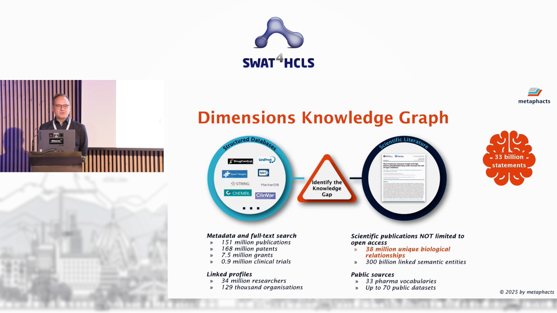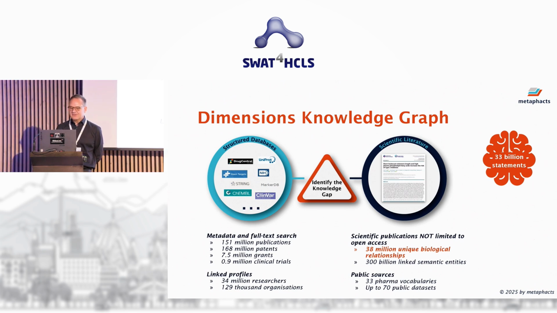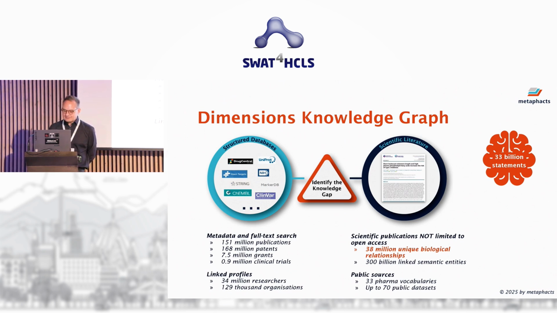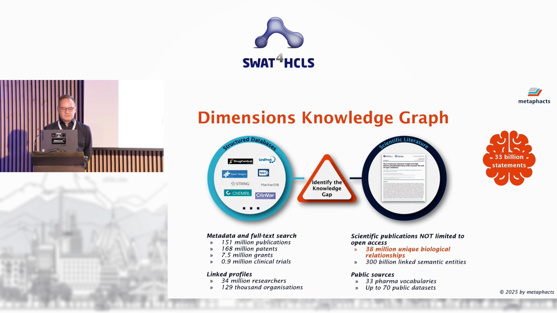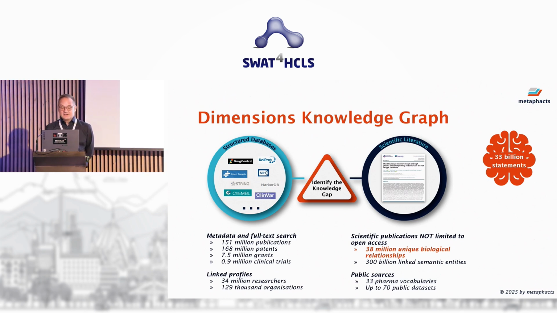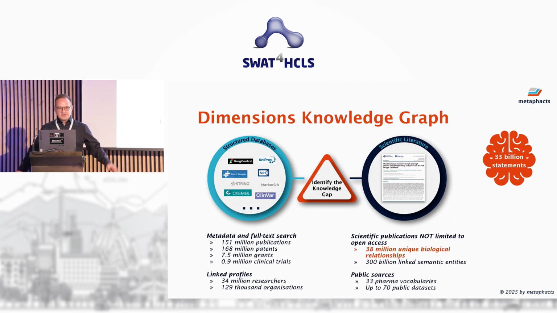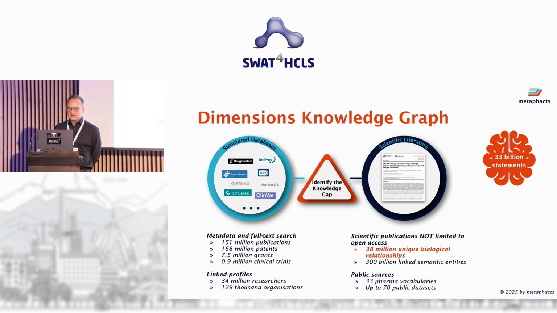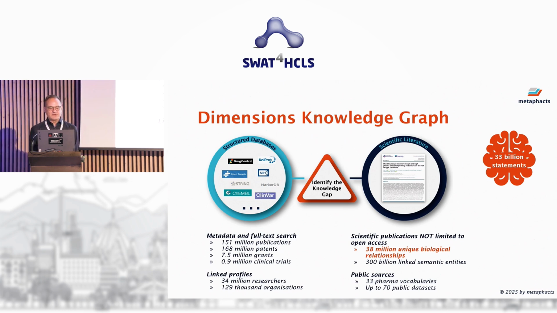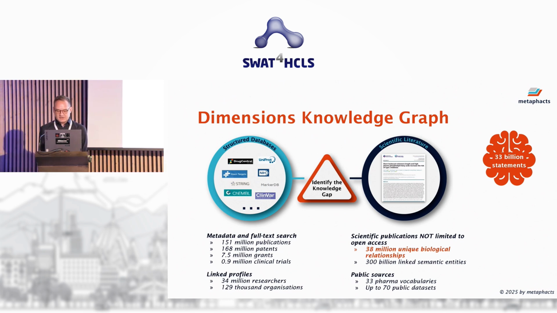We have integrated this in one mega graph of 33 billion statements, with metadata from publications, patents, grants, and clinical trials. We have extracted researcher profiles and organization profiles. And this will be the main focus now, we have also identified unique biological relationships in the text, 38 million so far. We have entity recognition applied on all these texts, put it all into the graph, and in total, we also have up to 70 public data sets ready for integration.